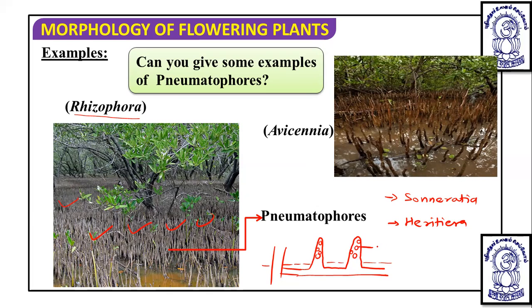These pores are known as lenticels or pneumathodes, and these are involved in respiration or exchange of gases. Through this they perform respiration. This way, in pneumatophores, the taproot gets modified to get oxygen, and these pneumatophores are negatively geotropic.